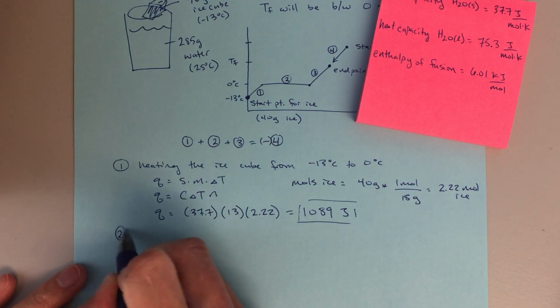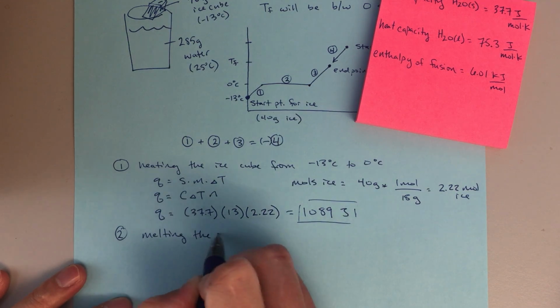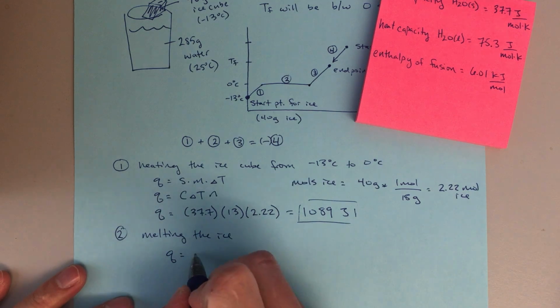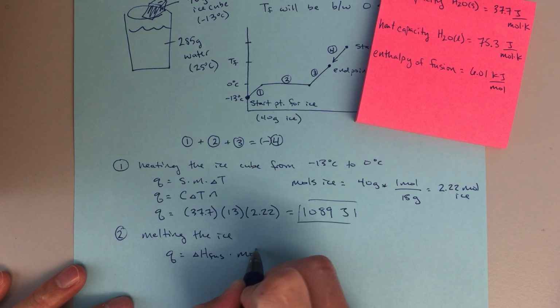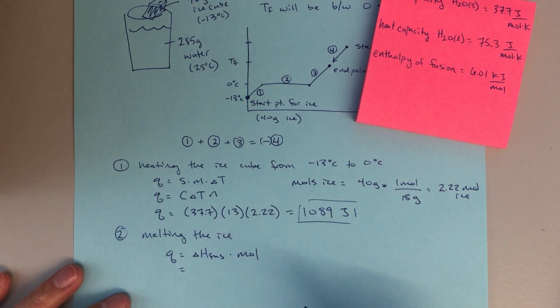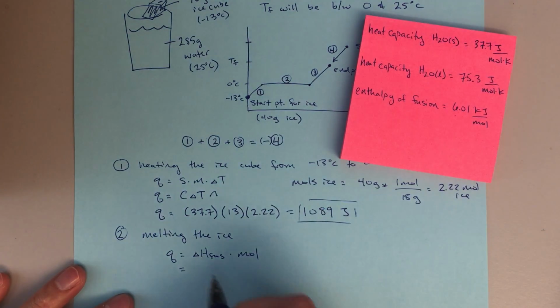So step 2, melting the ice. That's going to be Q equals delta H of fusion times moles, because my delta H of fusion is how many kilojoules per mole it's going to take. So here's my enthalpy of fusion, 6.01 kilojoules per mole.